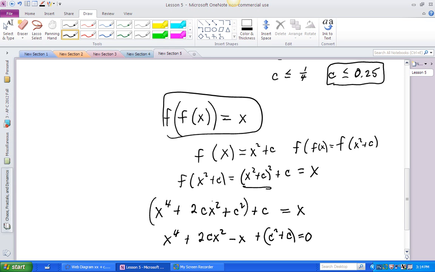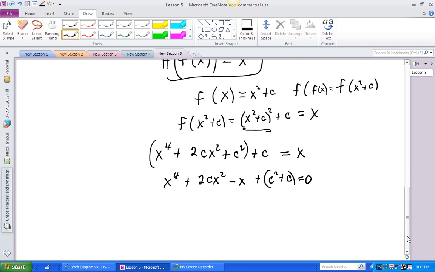Okay, and I want to solve that, and that's a little trickier to solve because, of course, it's not a quadratic; it's a quartic. Fortunately, I've got a nice little gimmick I can use to solve this, because I know that one of the solutions to this already comes from the work that I did previously.